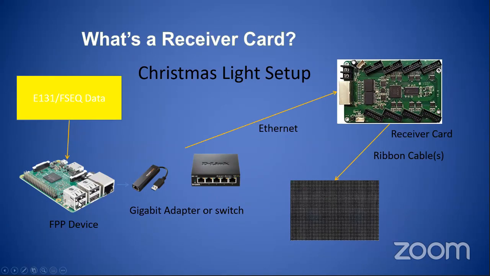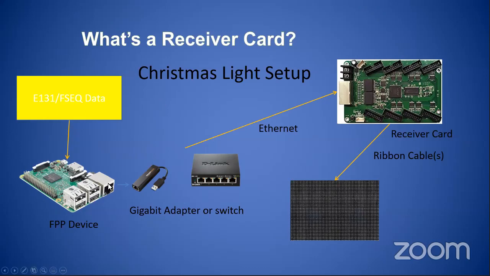If you're using a 3B Plus or a 4, they have a gigabit card on it. If you're using an older version of a Pi that doesn't have a gigabit, you can always go get a gigabit adapter to add it, because the Colorlight cards need a gigabit connection in order to read any signal.